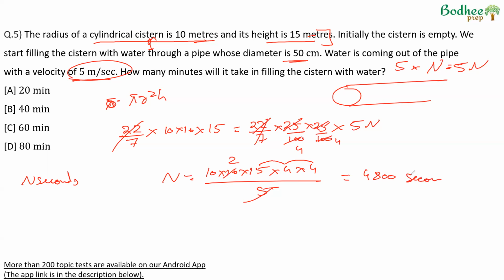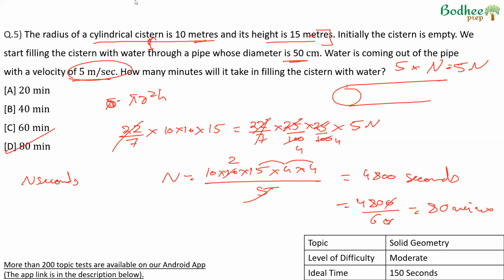To convert it into minutes, we divide by 60. 4800 by 60, which is 80 minutes, becomes my answer. Option D. Again, conceptually not very difficult, just equating the volume. Calculation might take a bit of time, so 2 to 2.5 minutes.